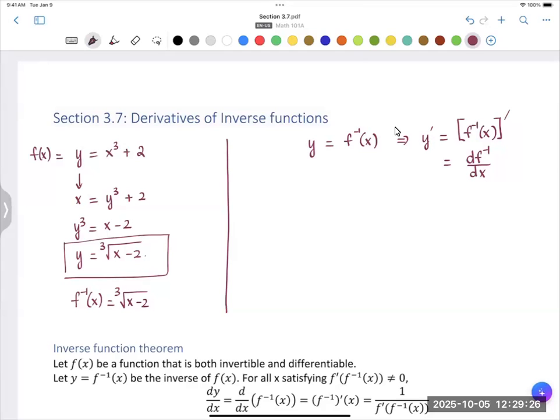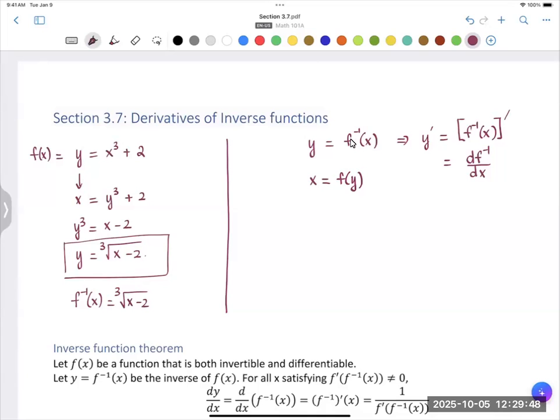And we want to find a formula for the derivative of the inverse function. And keep in mind one thing, the inverse function is found from interchanging the x and y. So y is f inverse means x is going to be f of y.